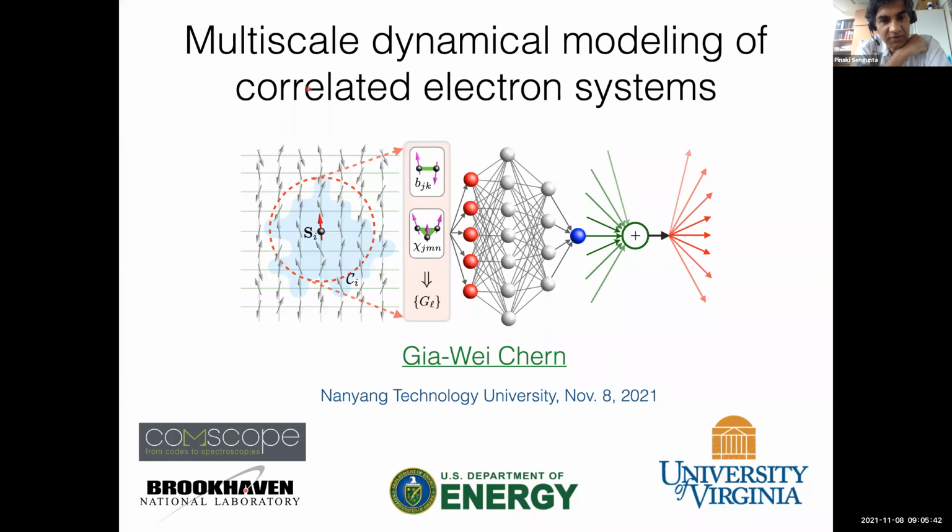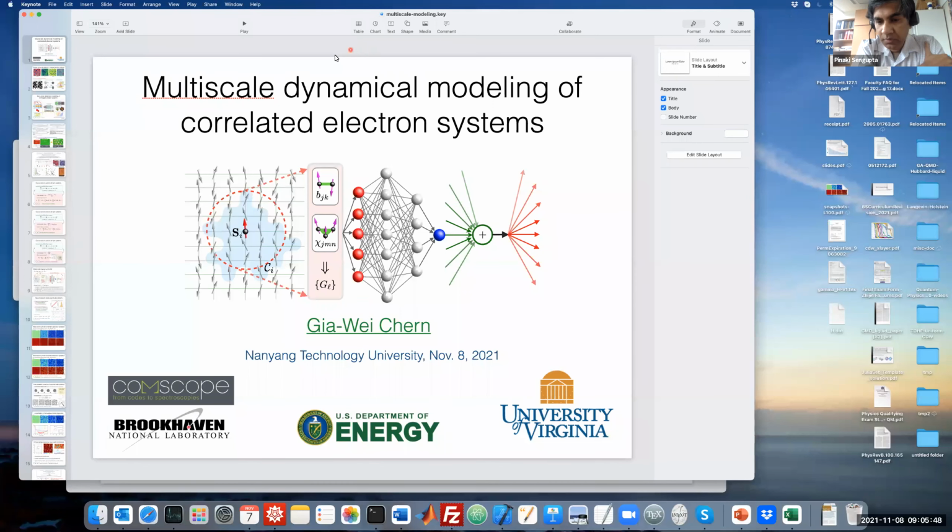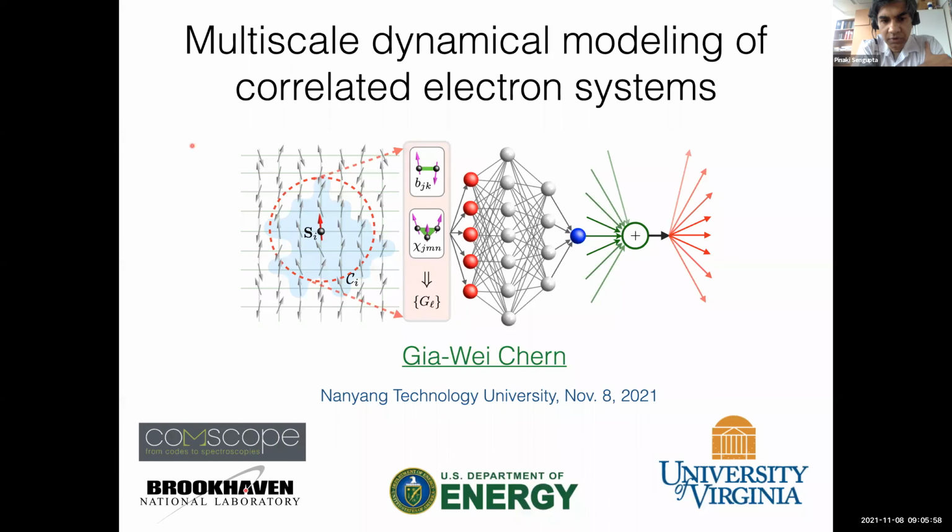Gia-Wei started his academic career as an electrical engineer, getting a PhD in optoelectronics from Taiwan. And then he decided to switch to theoretical condensed matter physics and moved to Johns Hopkins University, where he got a second PhD degree in theoretical condensed matter physics.